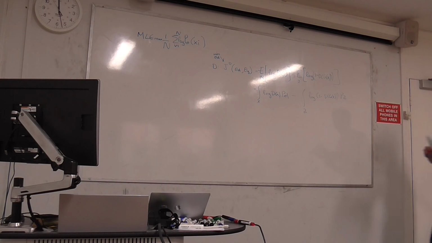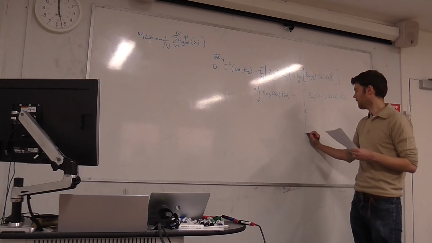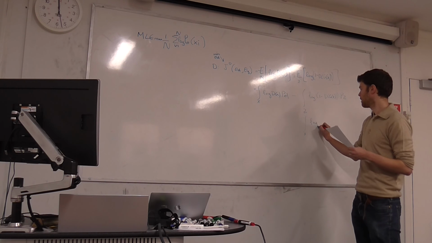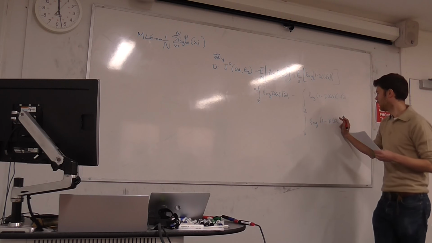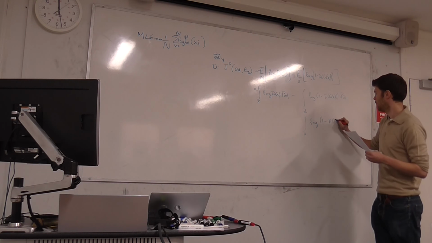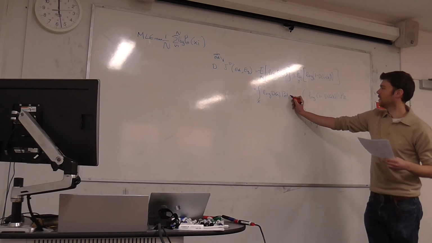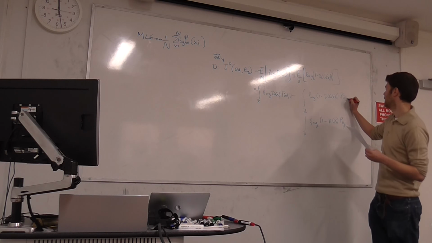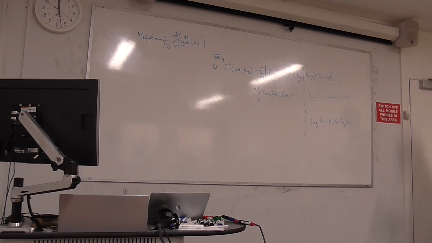Okay, so here, this one, we can write like that. So p_D is dependent on x, and p_z is dependent on z.